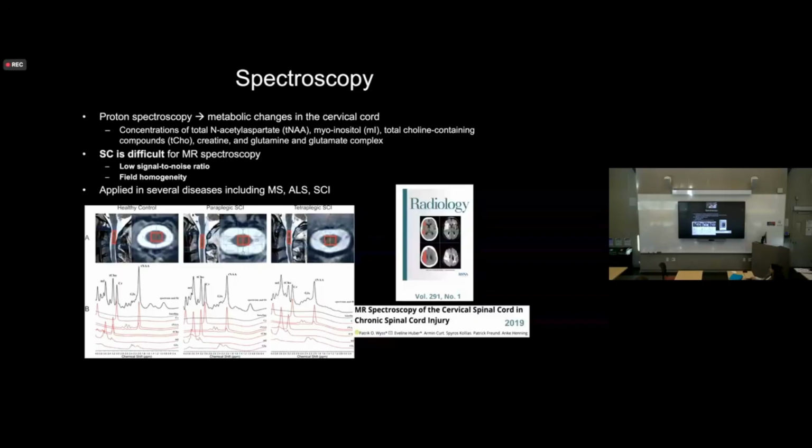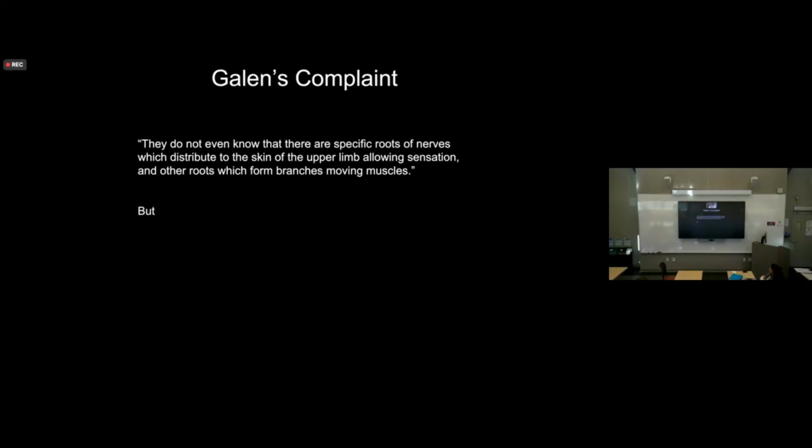It changes with breathing, respiration, and the bone disc interface. So a lot of challenges there, but some really interesting early work about trying to do spectroscopy and understand the metabolites of the cord, and certainly more work to be done, but it is quite a feasible opportunity.